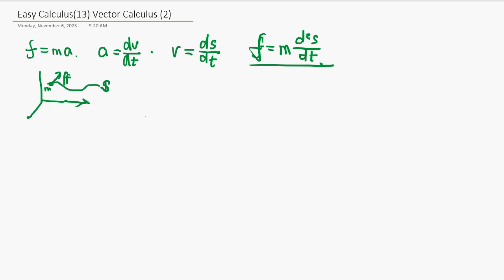This is a vector, right? Location in space is expressed by a vector. So naturally you can think of Newton's equation in vector format.